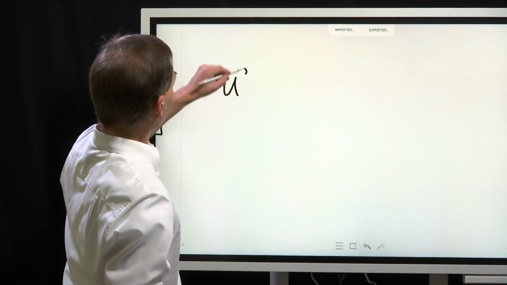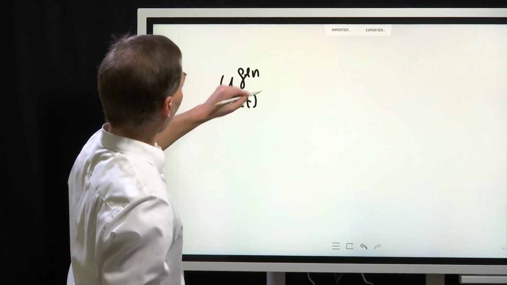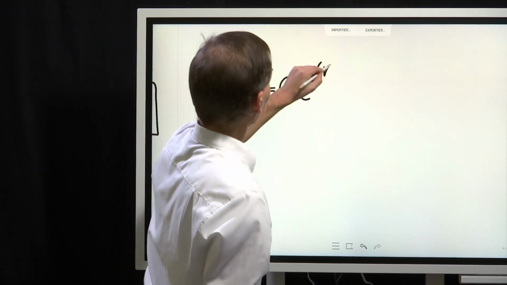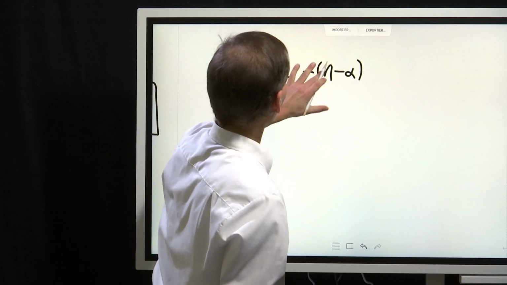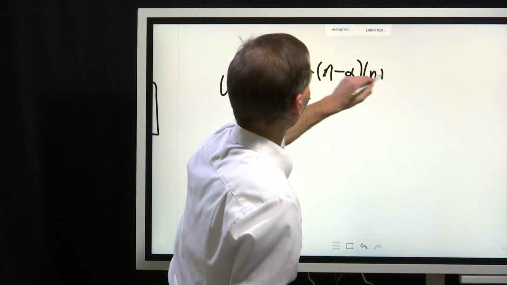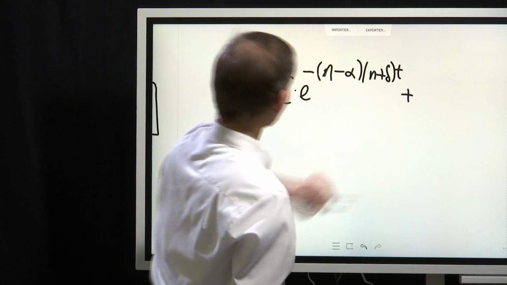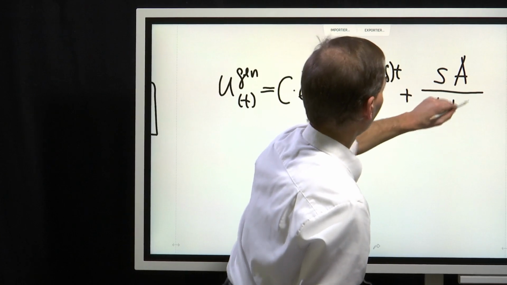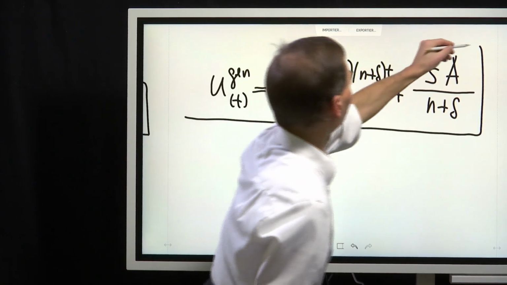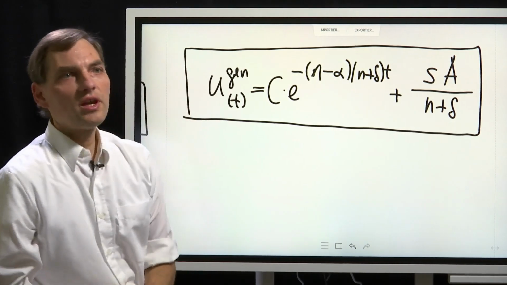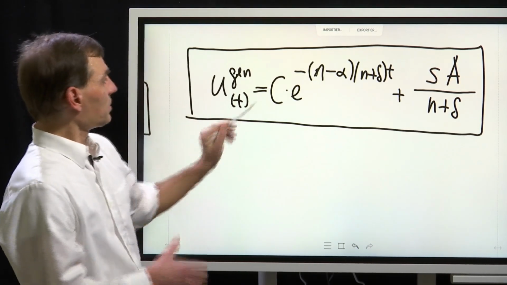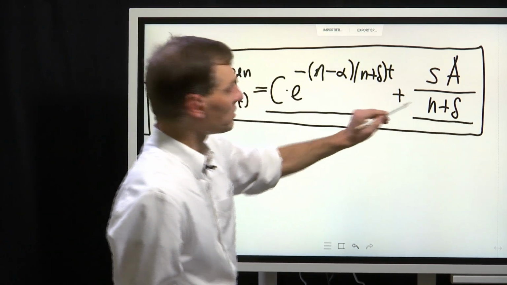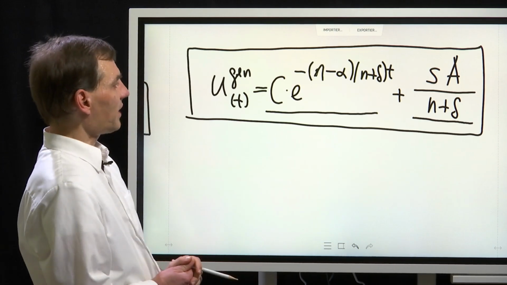The general solution of this problem, u of t, is the homogeneous solution, which is c e to the minus 1 minus alpha n plus rho t, plus what we have derived, the inhomogeneous solution, which is this s times a over n plus rho. So what we have here is now the general solution, and it consists of the homogeneous solution plus the inhomogeneous solution for one particular point in our steady state.